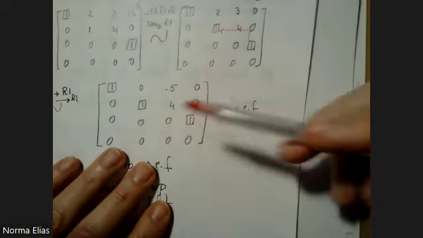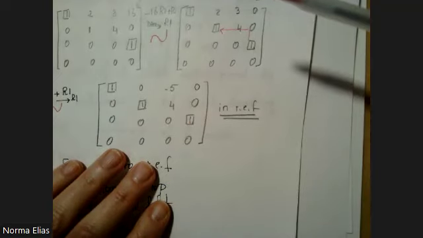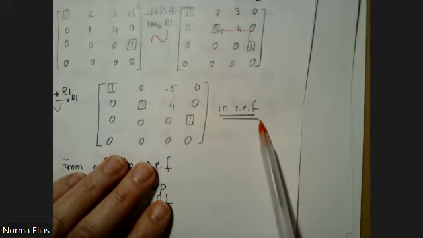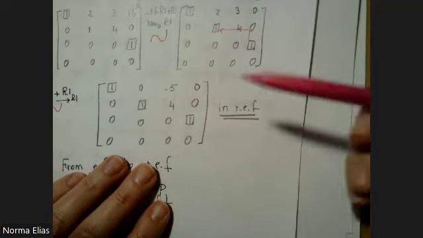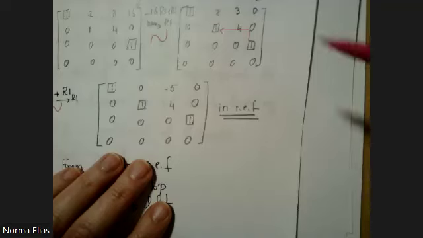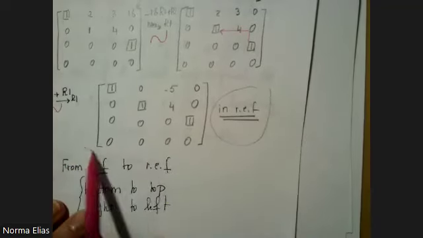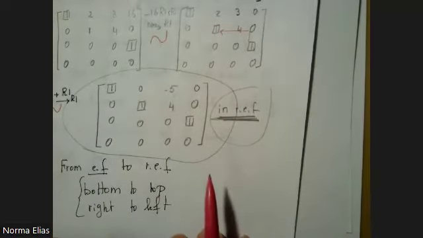What does it mean? Regardless of who does it, regardless of which operations you do, we all have the exact same reduced echelon form. The echelon form is not unique, the reduced is absolutely. So regardless of how you do it, we all should end up with exactly the same reduced echelon form.